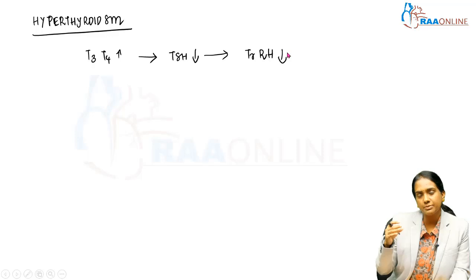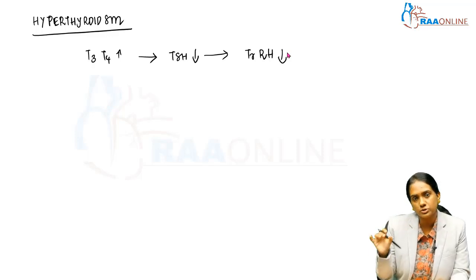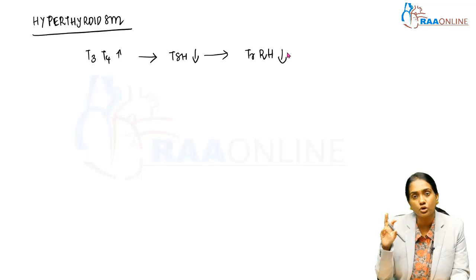Always keep in mind that when thyroid hormones are low, as in hypothyroidism, the thyroid releasing hormone is high, and that stimulates increased production of prolactin.